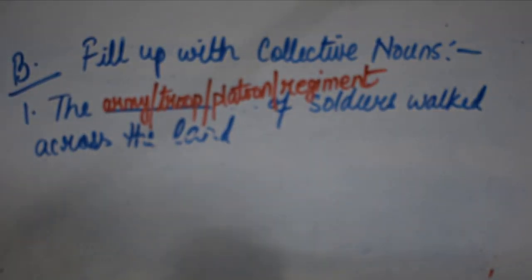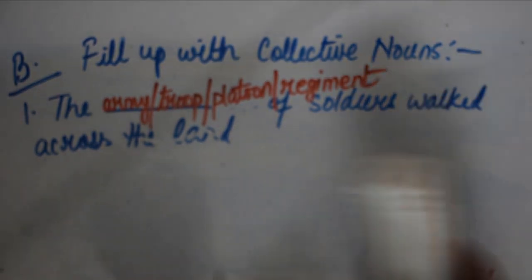These are the 4 very commonly used collective nouns. You can write battalion, you can write squad. Remember the names battalion, squad. All these can be used as collective nouns for a group of soldiers.